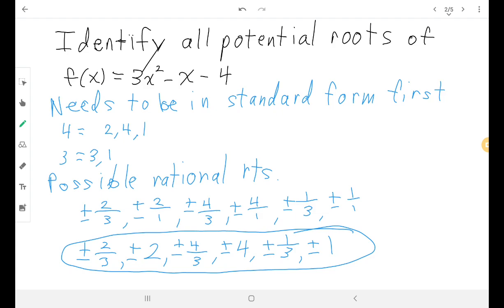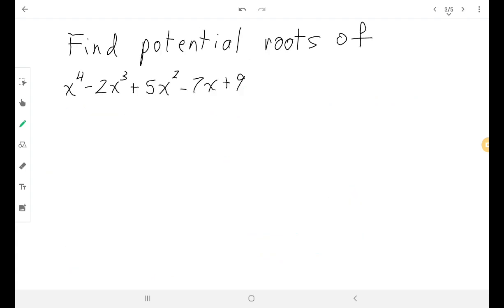This doesn't include roots with like square roots in them, things of that nature. Okay? I'll pause a moment for questions. Okay, and let's move on to the next board.